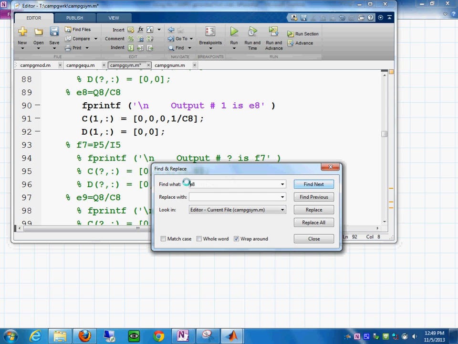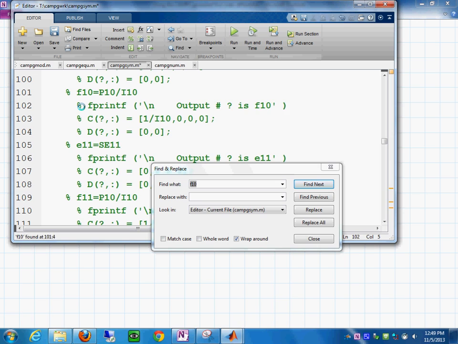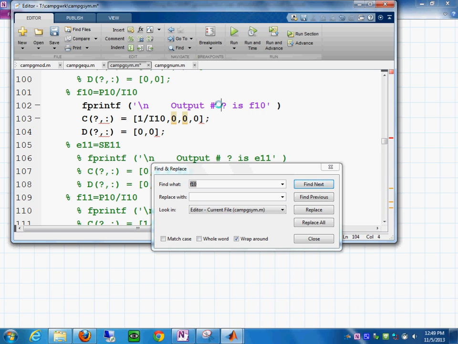And on the second one, if you have F10, just for the sake of example, I'll do the same thing, but this is going to become the second output, and it would be row 2 of the C and the D matrix.